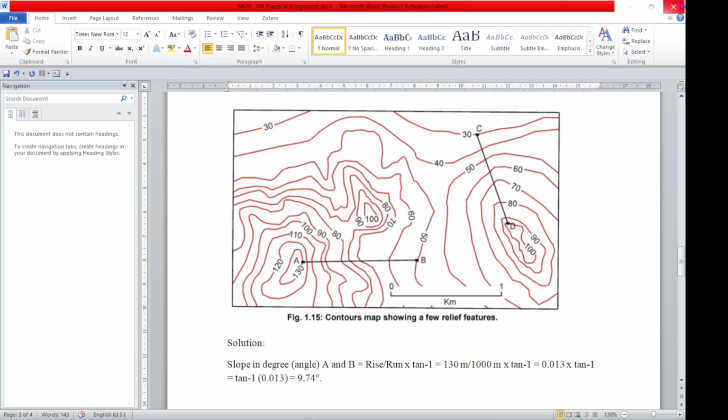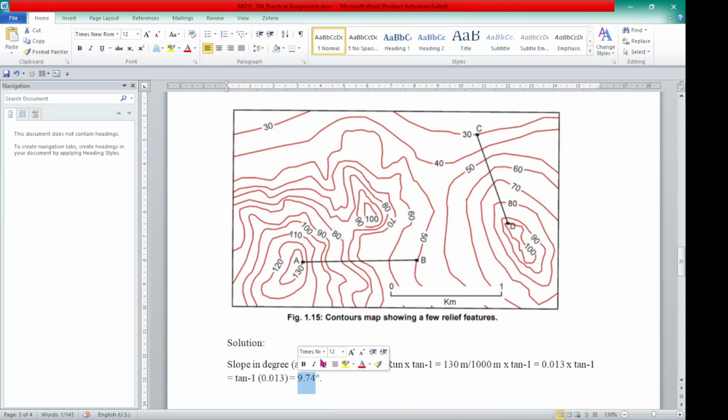What I'm doing is tan inverse on my calculator. Tan inverse of 0.013 is 0.74.